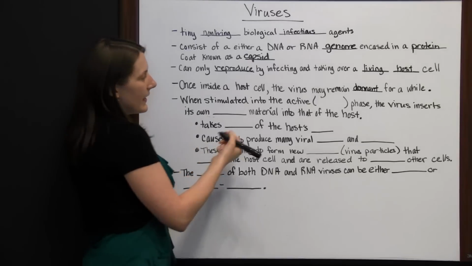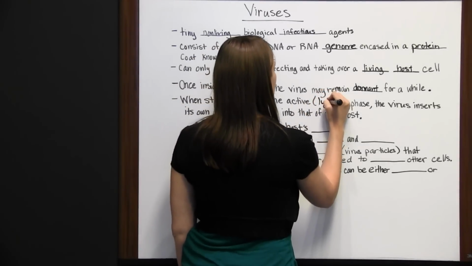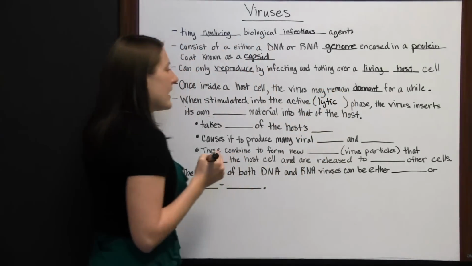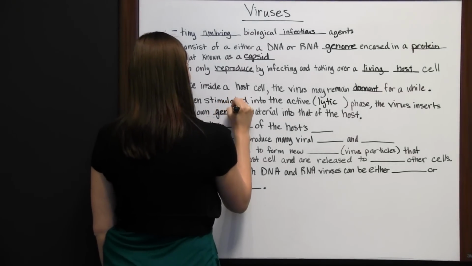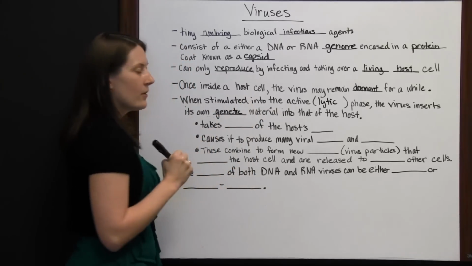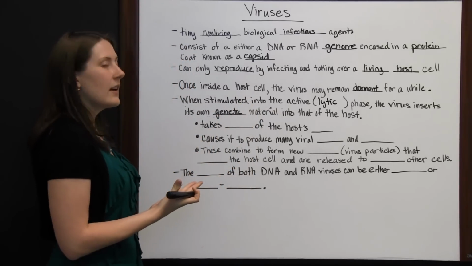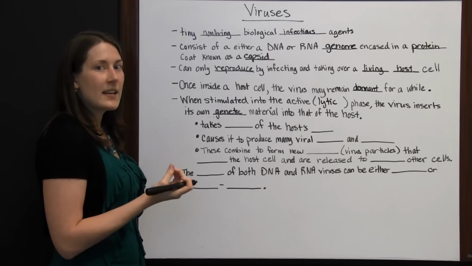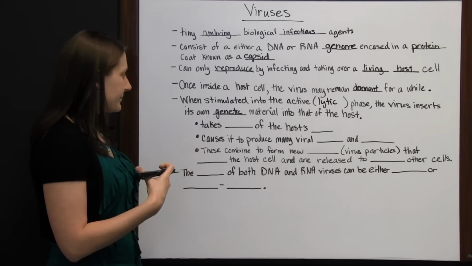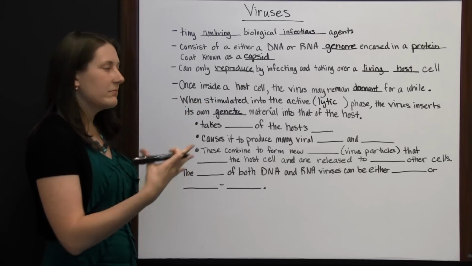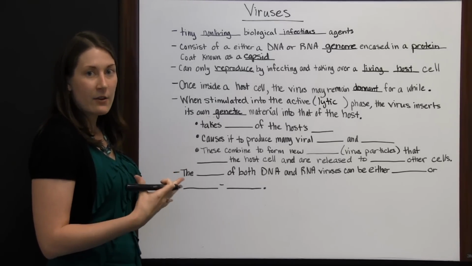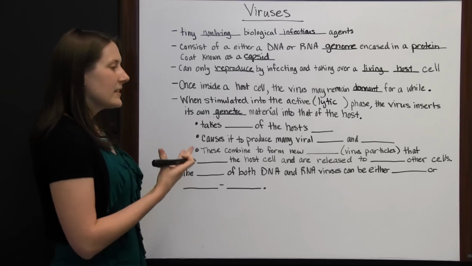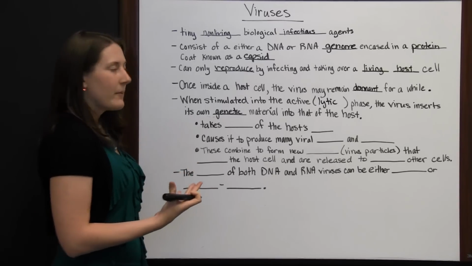Eventually, it is stimulated into the active or lytic phase, and the virus inserts its own genetic material into that of the host. So the host cell is unaware of this, and the DNA or RNA that is mixed in with the host DNA or RNA, it doesn't recognize that right away.